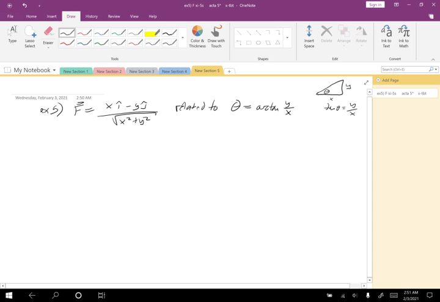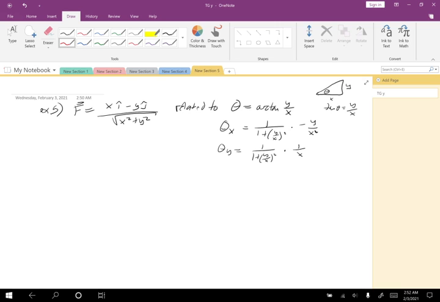So what we do is I'm going to take theta_x, the partial derivative. By the arctangent derivative rule, it's 1 over 1 plus y divided by x squared, times the partial derivative in x, so it's minus y over x squared. And then theta_y is the same thing, times 1 over x, the partial derivative of y. So that means if you distribute that x squared inside the denominator, then you end up getting minus y divided by x squared plus y squared.